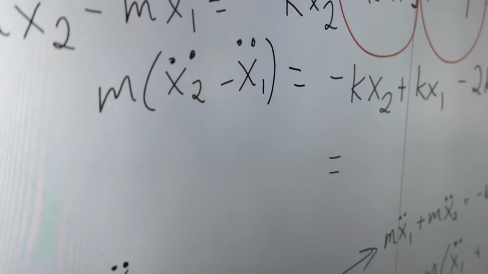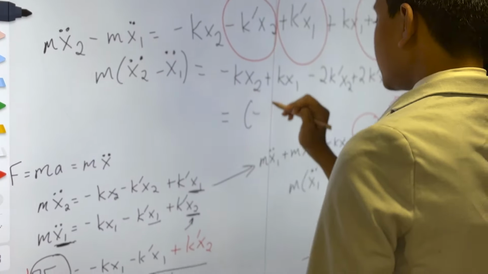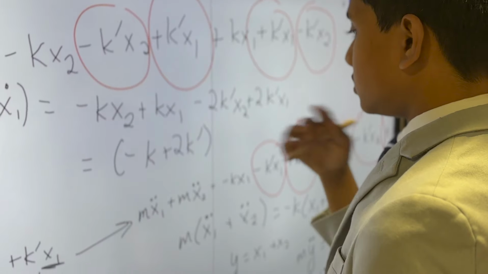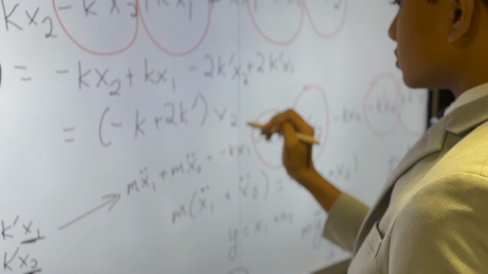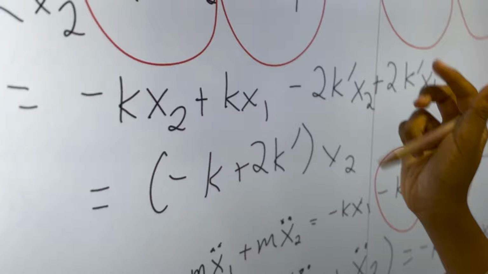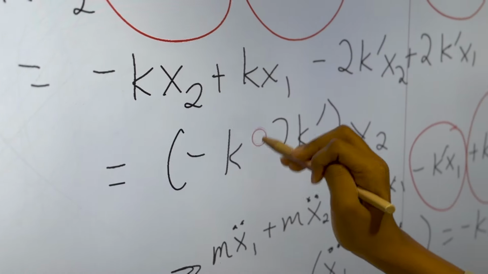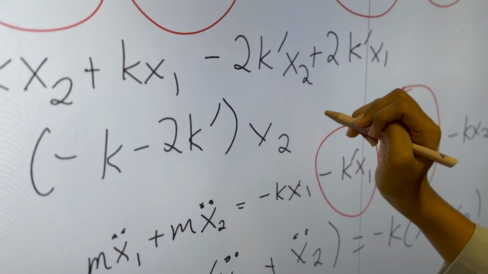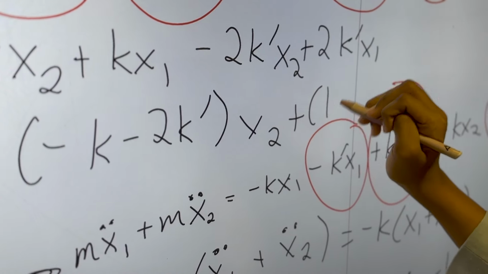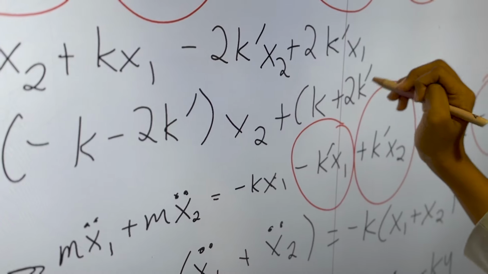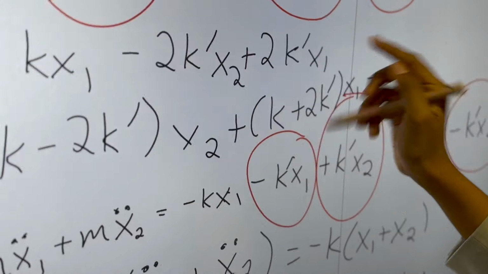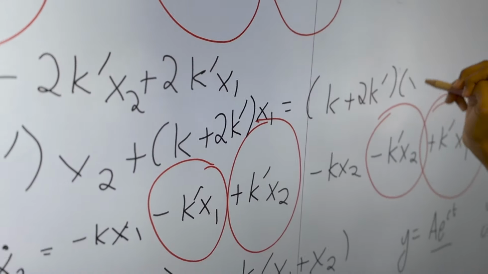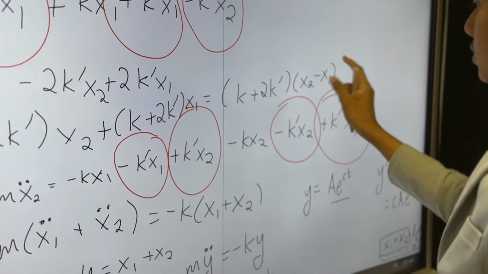So it seems like we should write it as minus k minus 2k prime times x2 plus k plus 2k prime times x1, which we can rewrite as k plus 2k prime times (x2 minus x1).